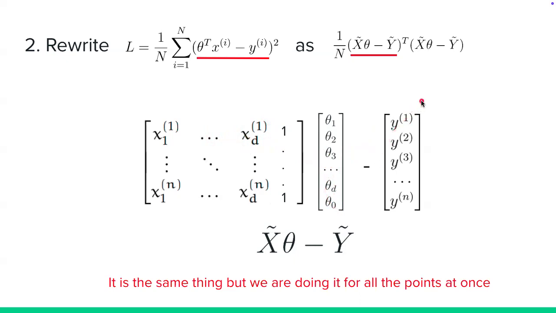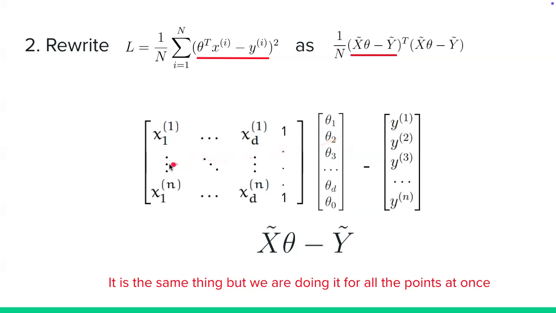So this is exactly the equation that we saw before, but we're just subtracting the labels y.